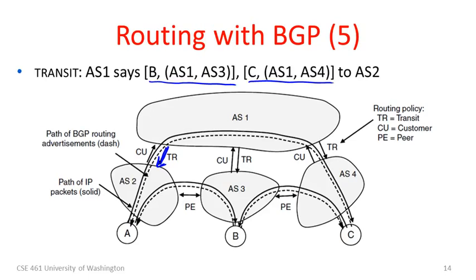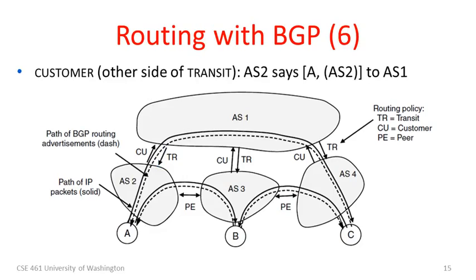AS1 won't try and advertise the route to prefix A back to itself. Actually, maybe it will, but it will be filtered out because we'll see immediately that it has a loop. So AS1 is announcing these routes to AS2. That's how AS2 gets to send packets out. And a similar thing is happening for AS1 announcing transit service to AS3 and AS1 announcing transit service to AS4.